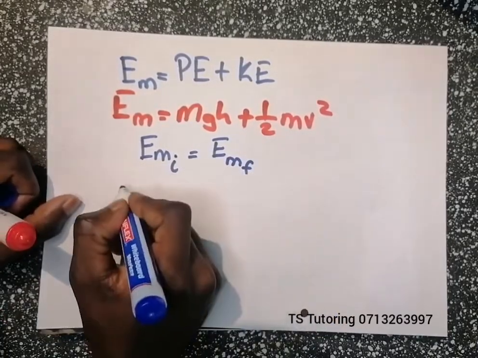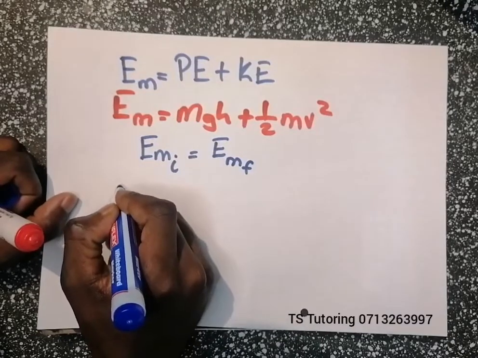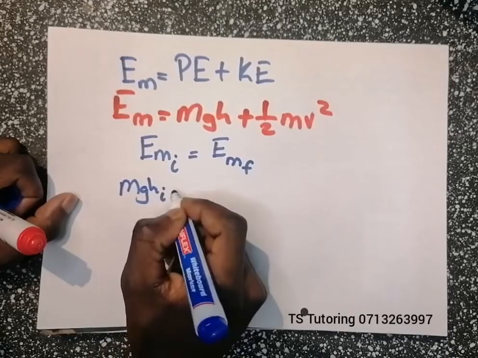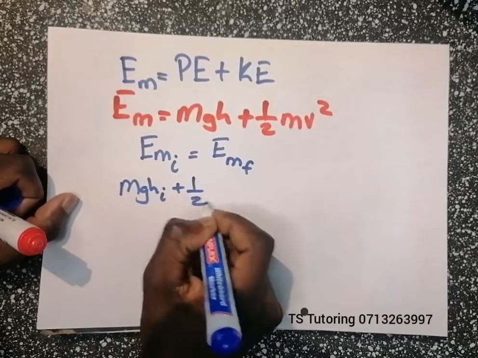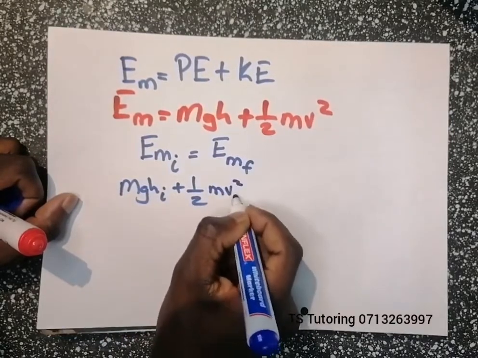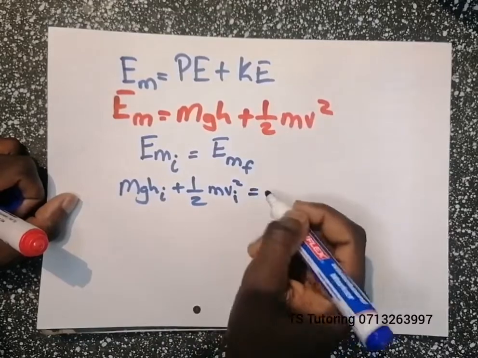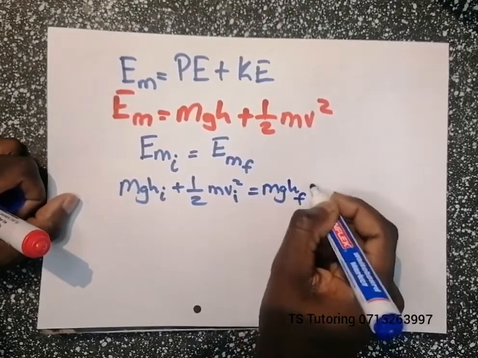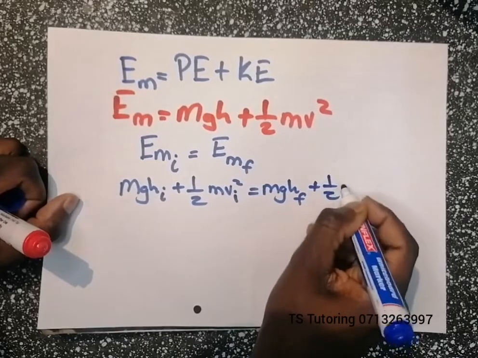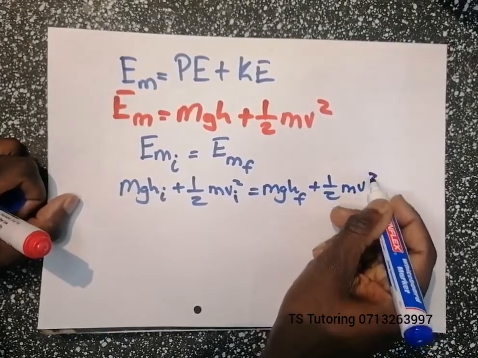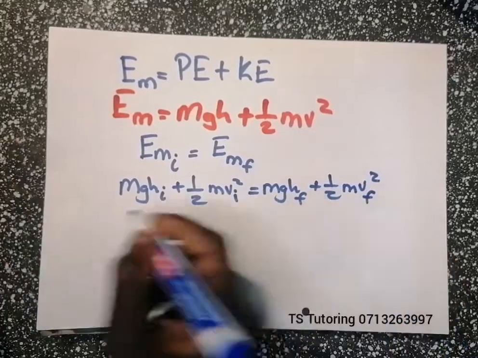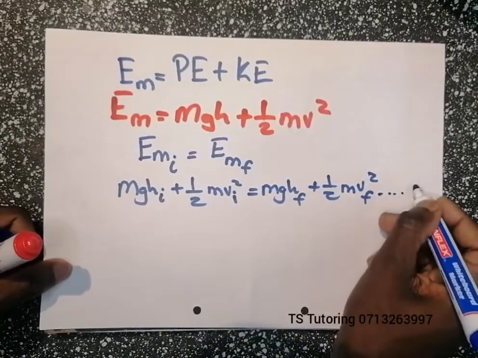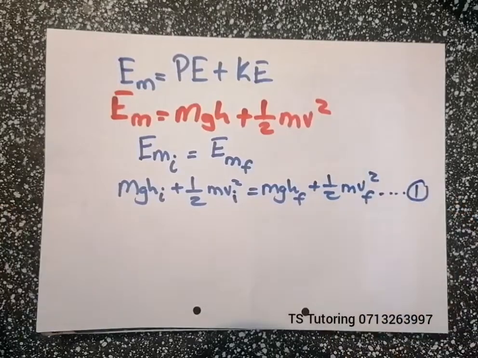And we know that the initial will be mgh initial plus half mv squared initial, which will be equal to mgh final plus half mv squared final. This is the formula that we use for the conservation of mechanical energy.